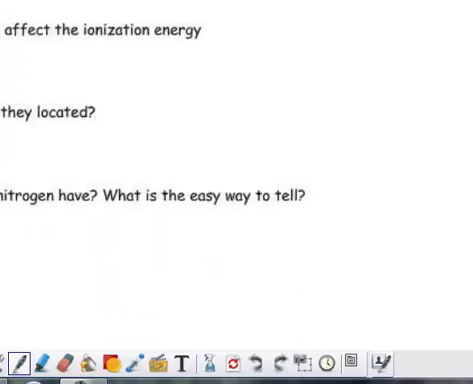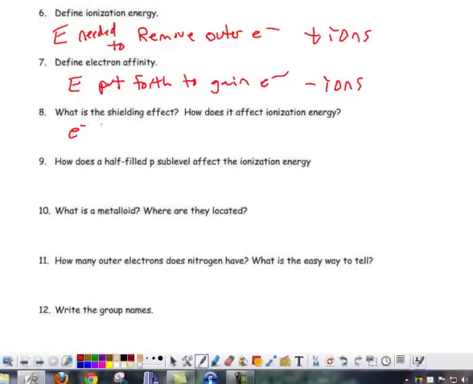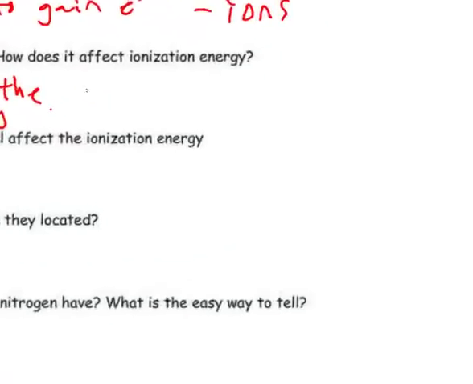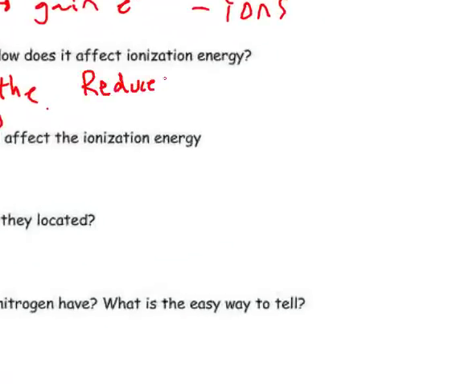Shielding effect. All right, so the shielding effect are the electrons that get in the way, is the easy way to say that. What they are is the inner electrons, not the outer electrons, that reduce the attraction the nucleus has for the outer electrons.